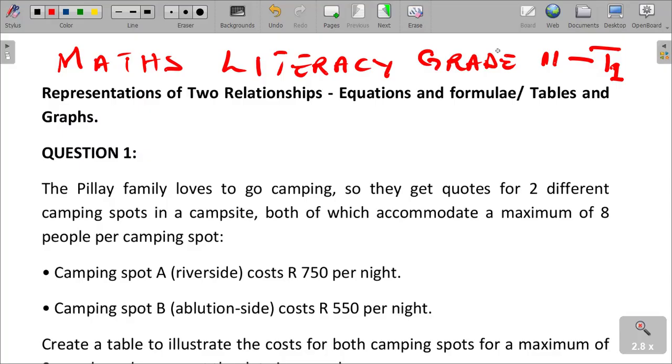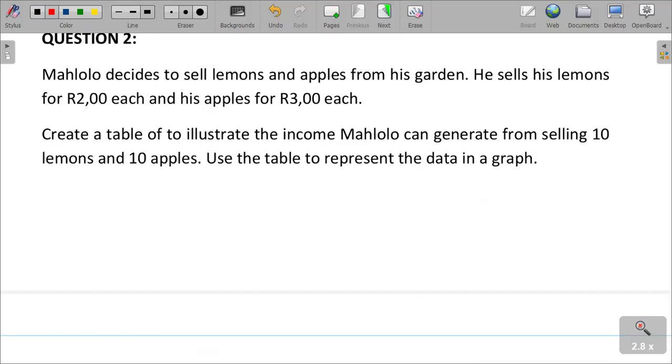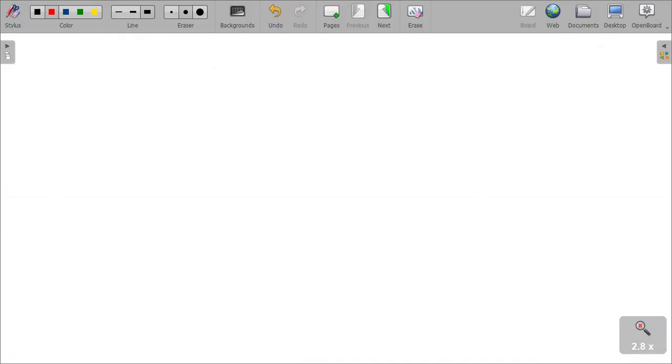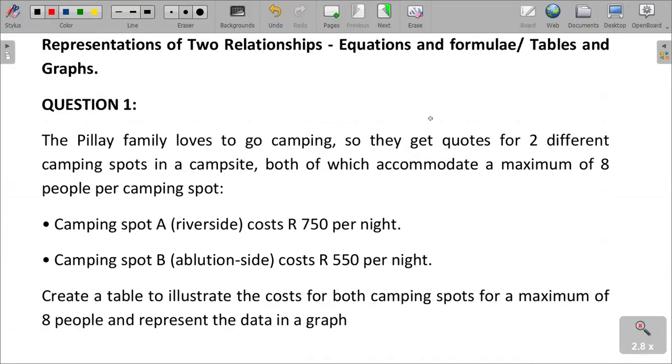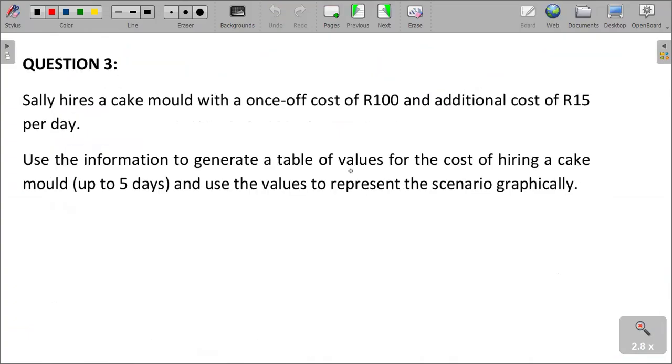So without wasting any time, I want us to go through the question that I've developed for you here, which we are going to work on together as a class in order for us to understand these different relationships. It is quite important that you are able to understand the various scenarios that are given, so that you can work out all the questions that might arise.